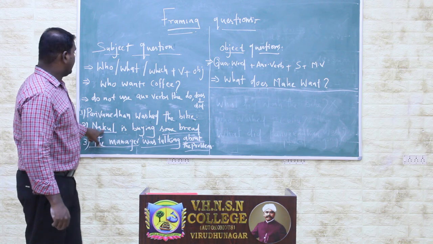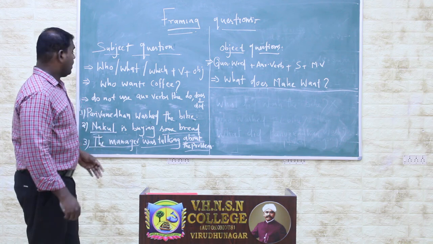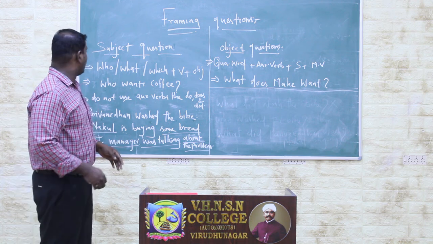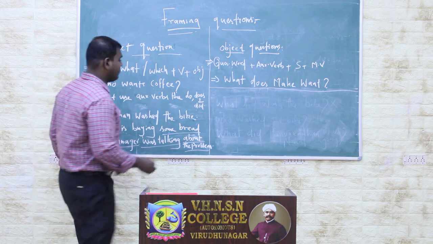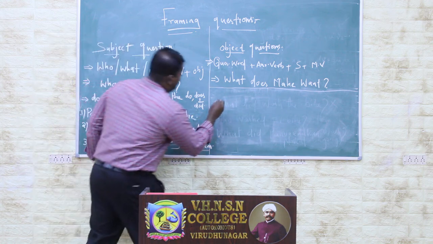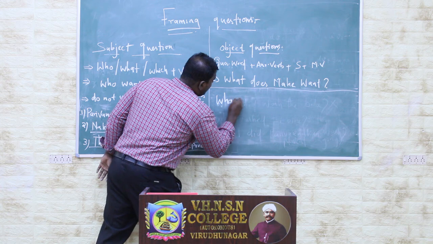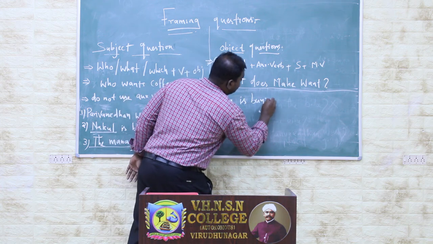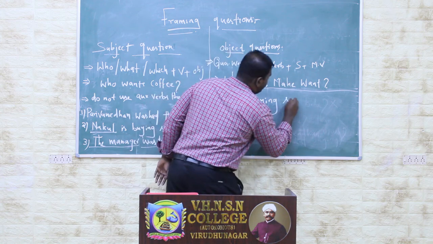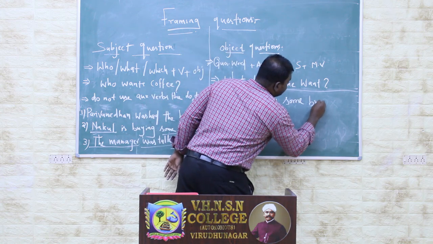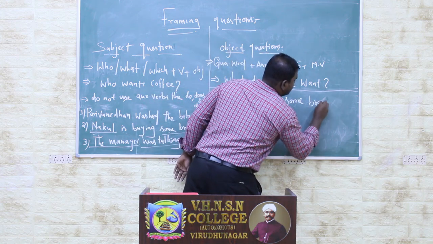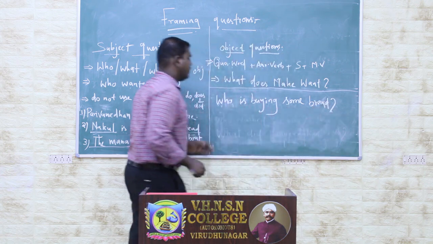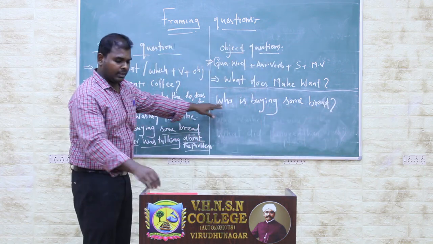Nakul is the subject over here, and Nakul is a person, so we use the question word who. So: Who is buying some bread? This one is the subject question.